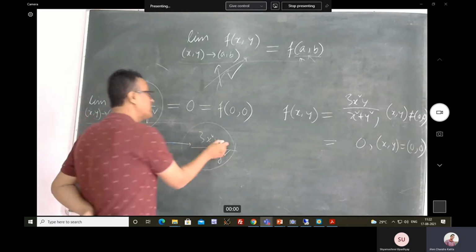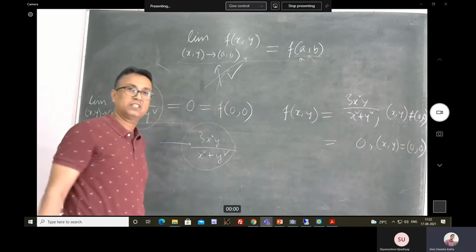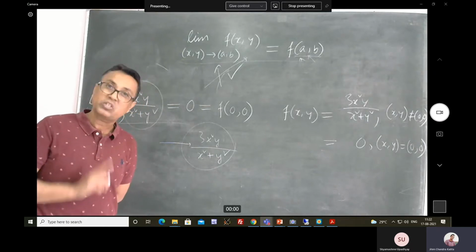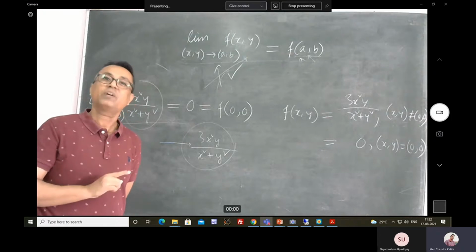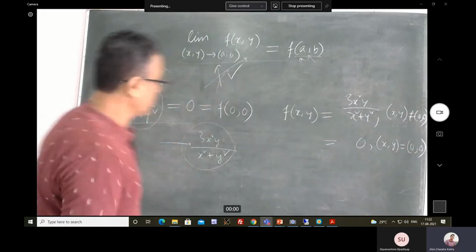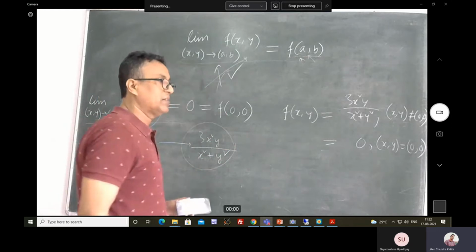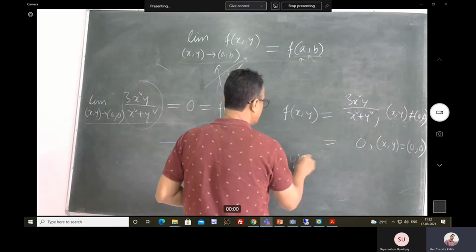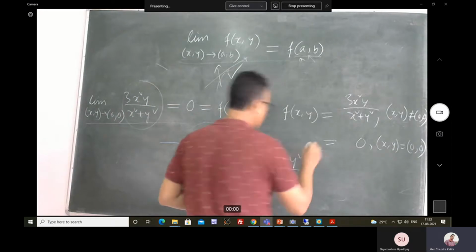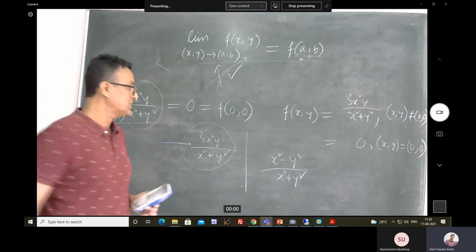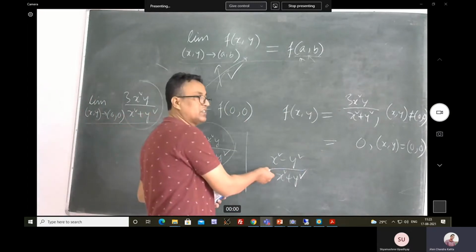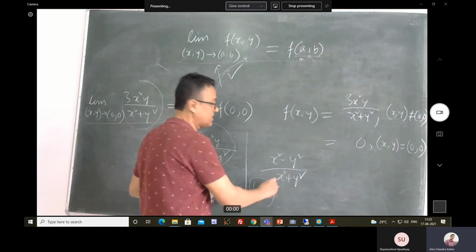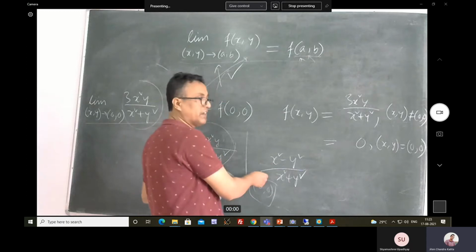Always remember, whenever we take a rational function, which is nothing but the quotient or ratio of polynomials, it is always going to be continuous at all points in its domain of definition. Now, why have I brought this in? In the earlier example, the limit didn't exist at the origin, but the function itself is not defined at the origin.